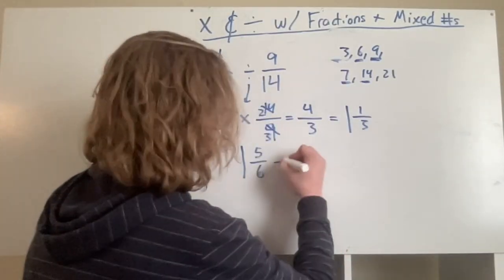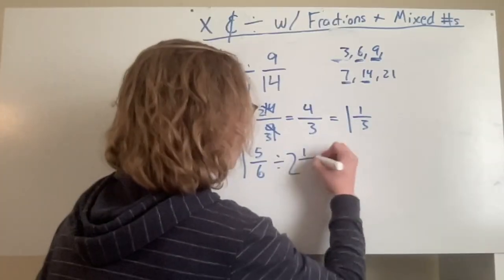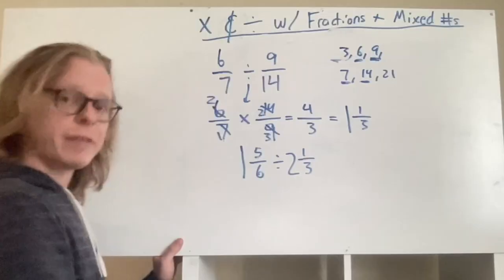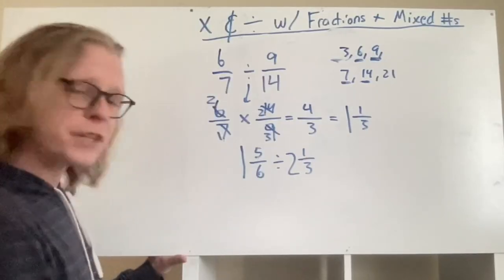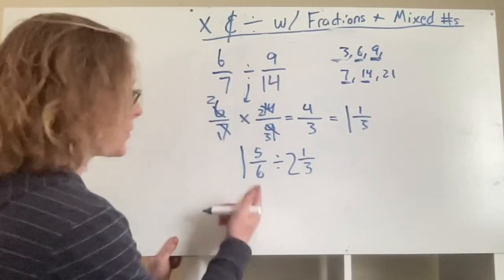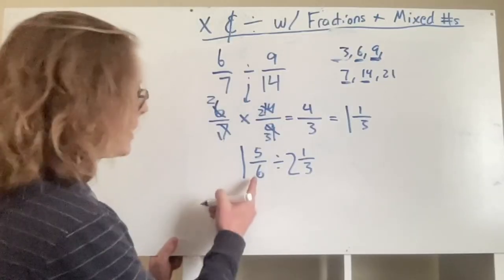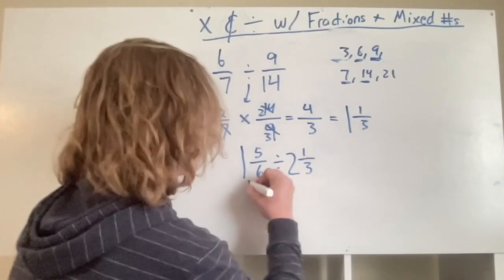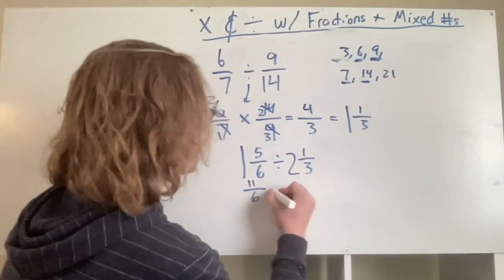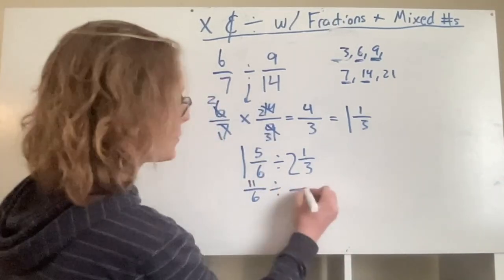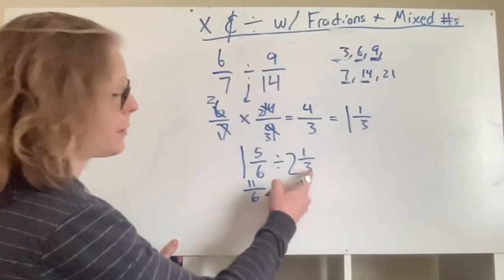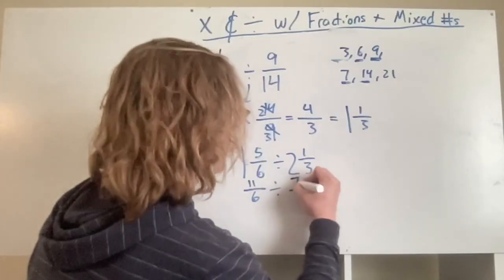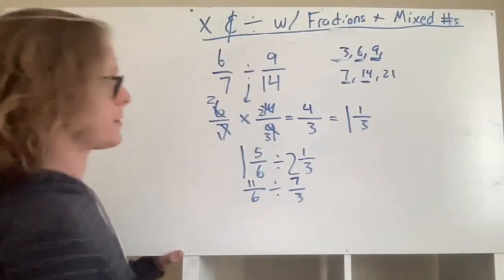So you may already know where we're going here, but I want to make sure that we cover everything. So just like with multiplication of mixed numbers, we need to turn these into improper fractions. 6 times 1 is 6, plus 5 gives me 11. 11/6 divided by, let's do the same thing with 2 and 1/3. 3 times 2 gives me 6, plus 1 is 7. 7/3.